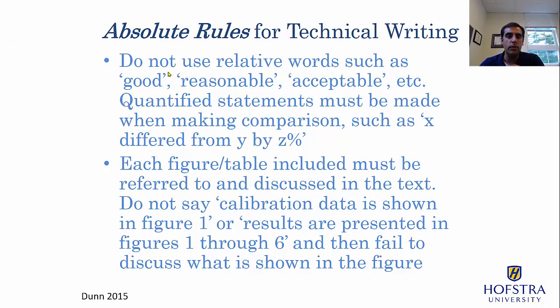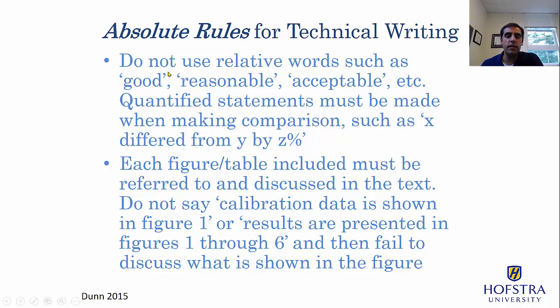Probably the single most important point that you should take home from today's talk is that when we write technically, we want to quantify, okay? Our job is not to try and convince people, right? It's not a persuasive essay. And so we want to stay away from words like, oh, the data was good, or the data looked reasonable, the data was acceptable.